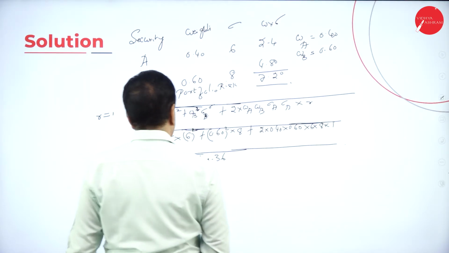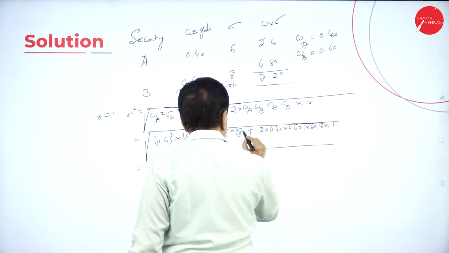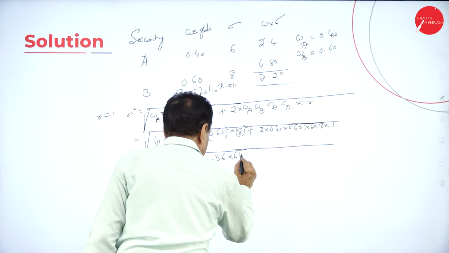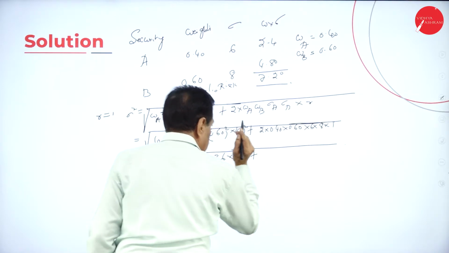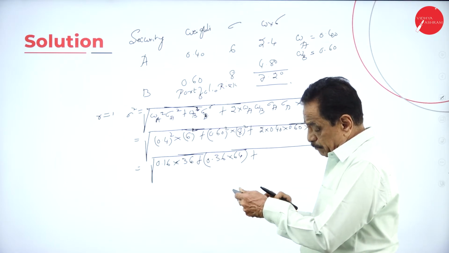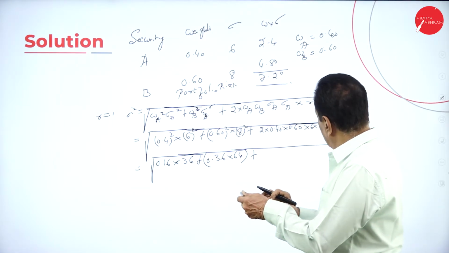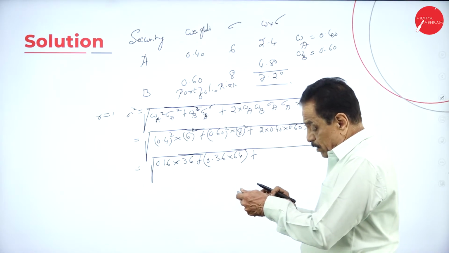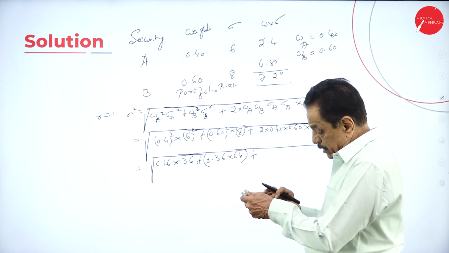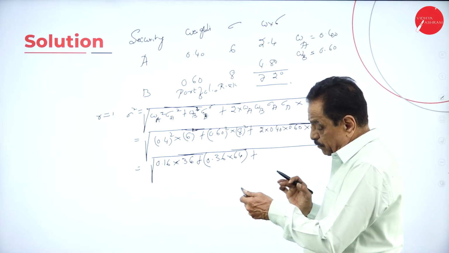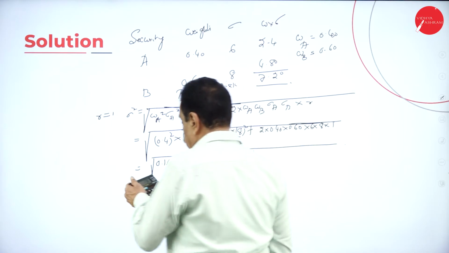This is 8 square, 64, plus 2 into 0.40 into 0.60 into 6 into 8 into 1. 23.04.